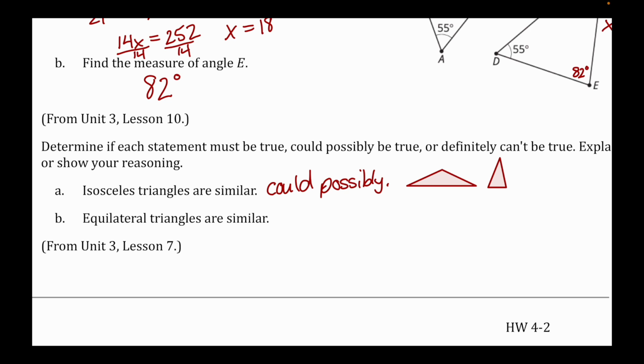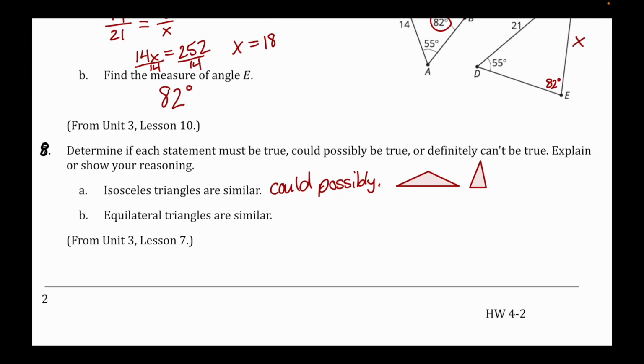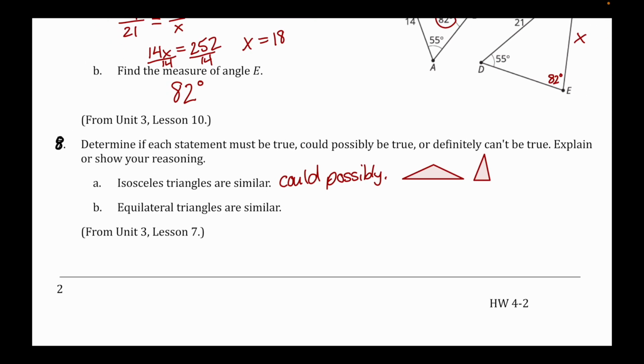But equilateral triangles have to have all three sides the same. And I know that side similarity is one of the ways that we can prove things similar. So this one has to be true, or they say must be. So let's use their wording.